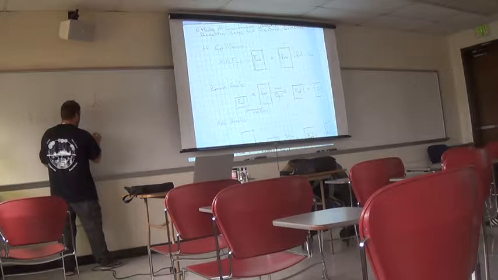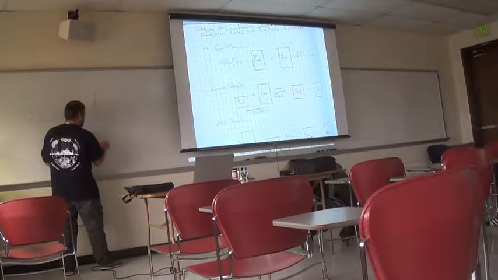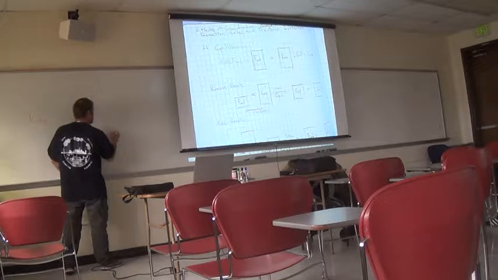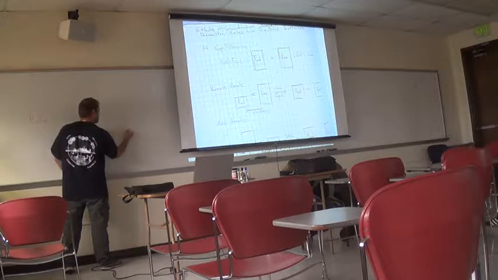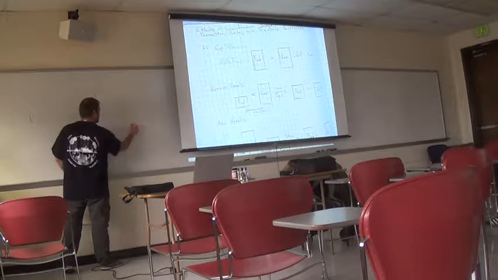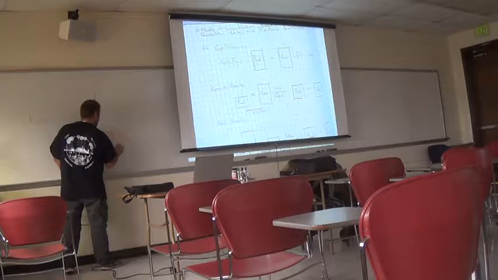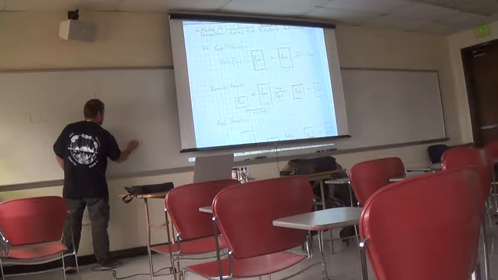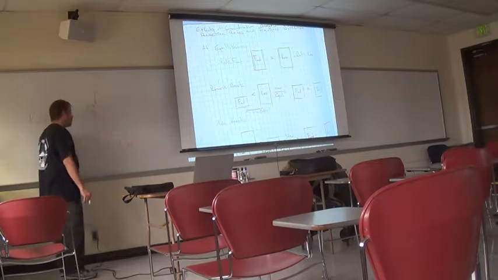So K was equal to the concentration of the products, C and D to their coefficients, over the concentration of reactants, A and B to their coefficients.